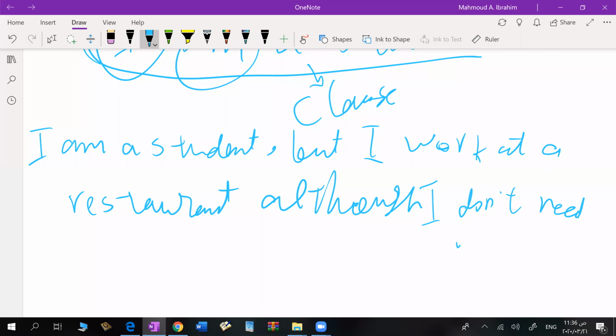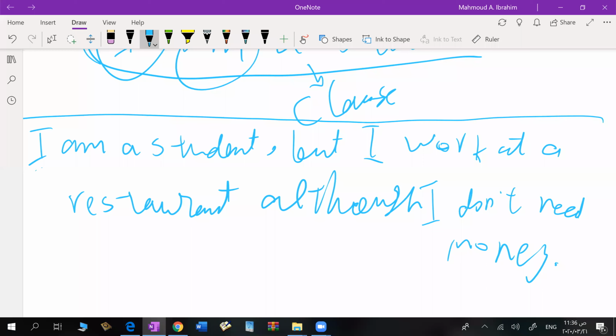How many clauses do we have here? Can somebody count them? Three. And how many sentences do we have? One sentence. Very true. We have three clauses.